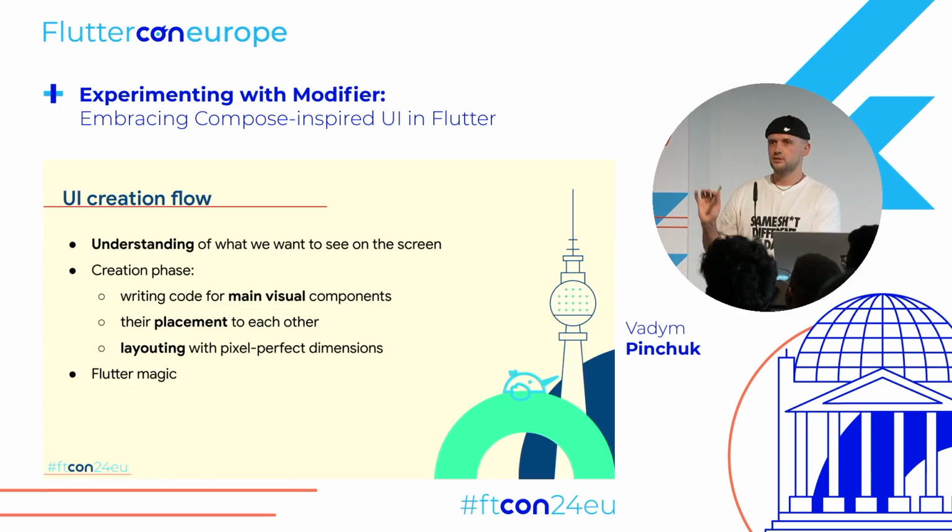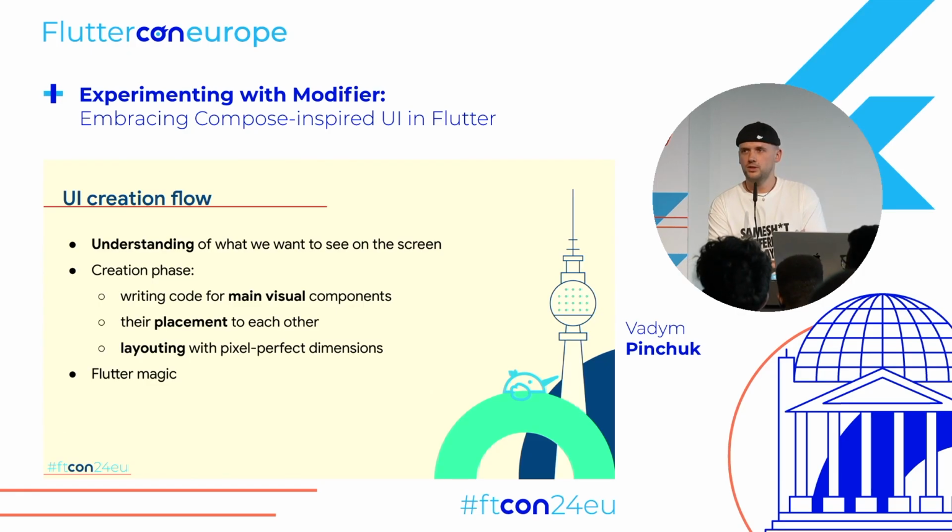We create the main visual components first, and I will go briefly over what I mean by that. Then we start layouting, or placing them in respect to each other, horizontally, vertically, in a stack, whatever we want. Then adding some super precise spacings to make it nice, to make it pixel perfect.